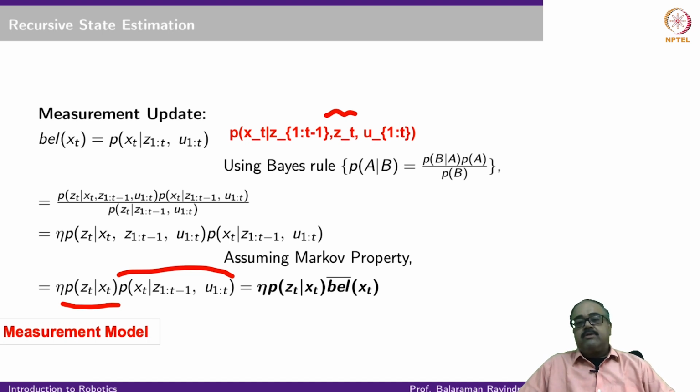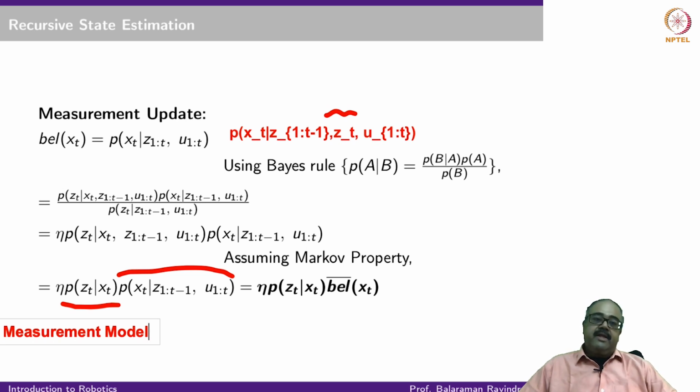Right now I have made no assumptions. I'm just telling you these are very general probability distributions. As we go along, we'll start making specific assumptions about the transition model, the measurement model, and the belief, so that we come up with different kinds of tractable computations.